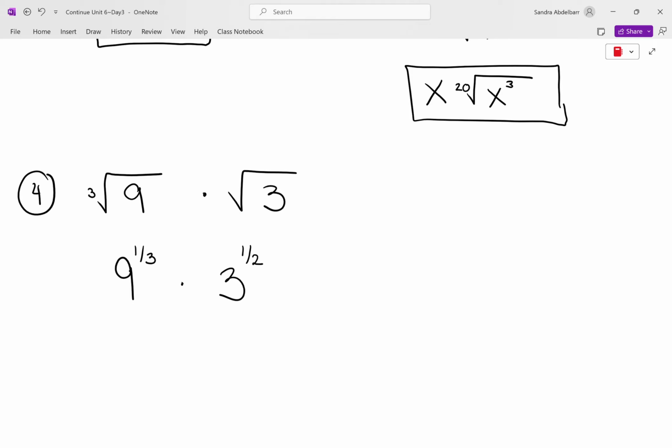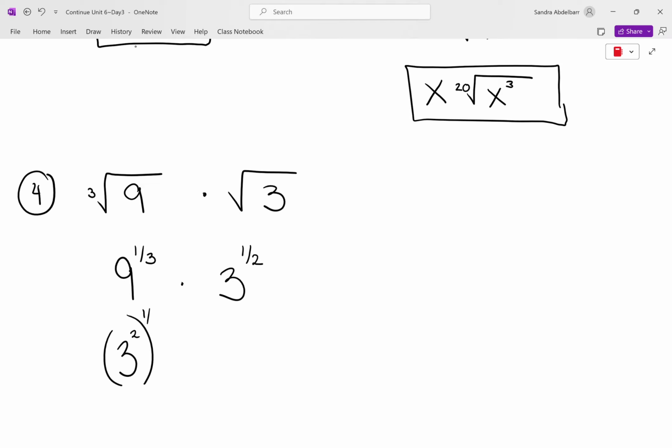Before I try to create a common denominator in their exponents, I can potentially make this even easier for myself. Because do we agree 9's a base and 3's a base? And the rule says if the base is the same, what can we do with the exponents? Add them. Well, can I change 9 into a base of 3?